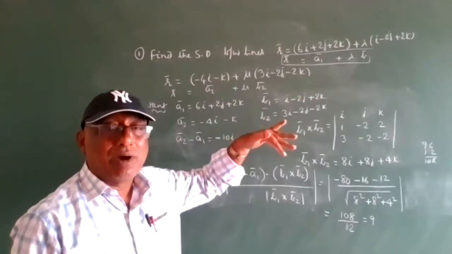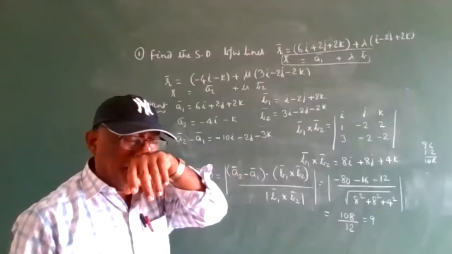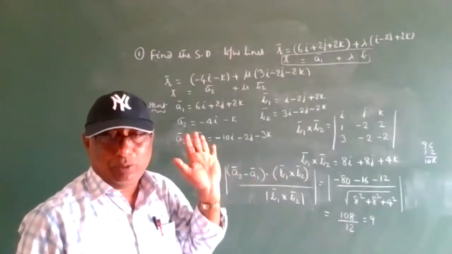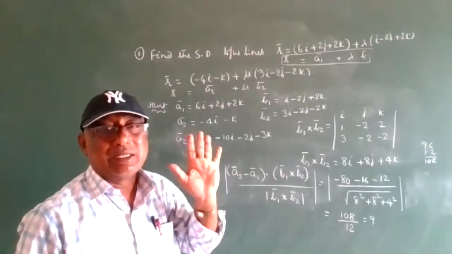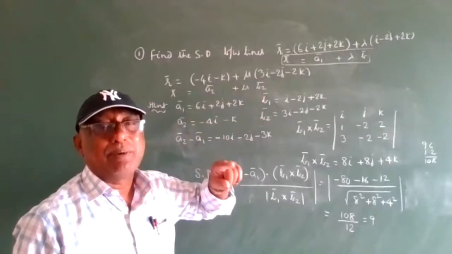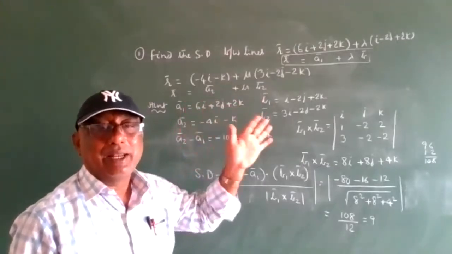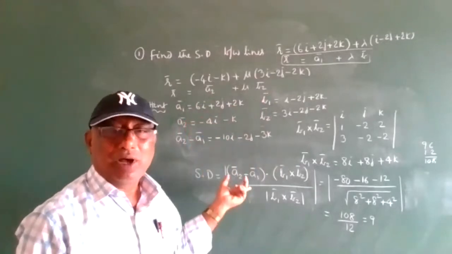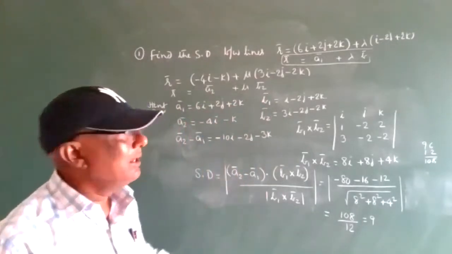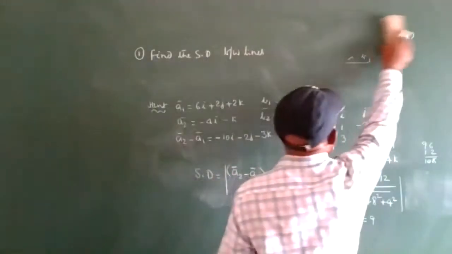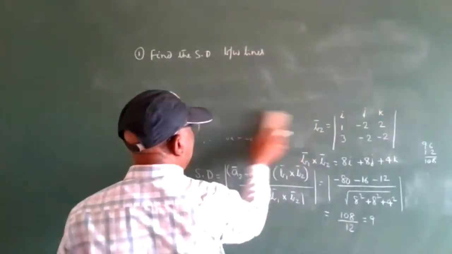If the Cartesian form of the line is given, the formula is the same, but separating A1, B1 and A2, B2 is the only difficulty. You can understand me, the problem is very simple. Same formula, no difference in the formula. Okay? Right.